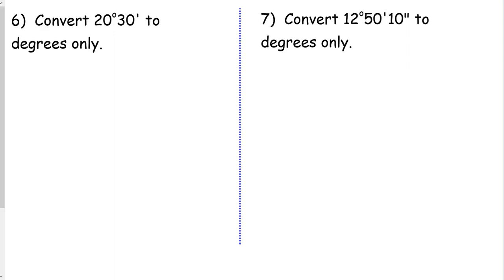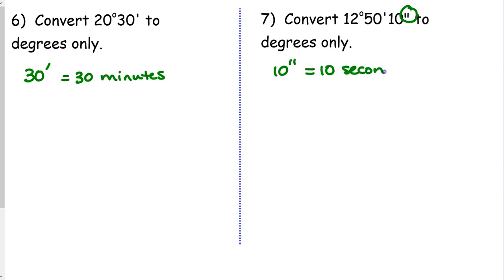Number 6, convert 20 degrees 30 minutes. Okay, when you see this little symbol here, it means 30 minutes. And over here, when you see this little symbol, it means seconds. So that would be 10 seconds. Remember how we were talking about dividing a degree into 60 minutes?